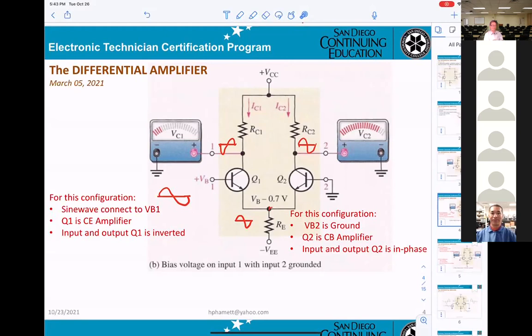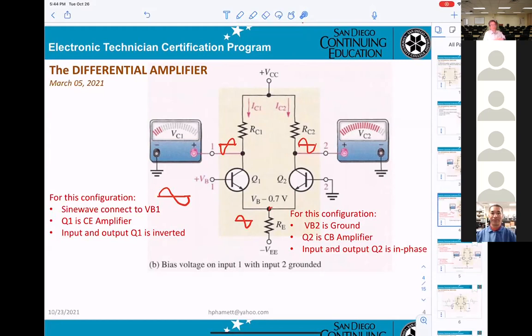In the common base amplifier, the input signal is applied to the emitter. That's why this signal here goes to the emitter of Q2. Okay, I got you now. And the output of Q2 is from the collector. Got it. And they will be in phase.